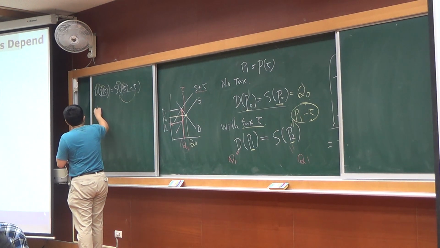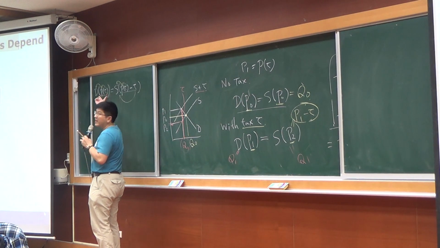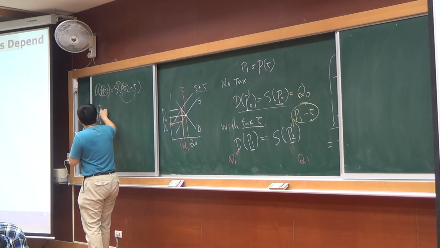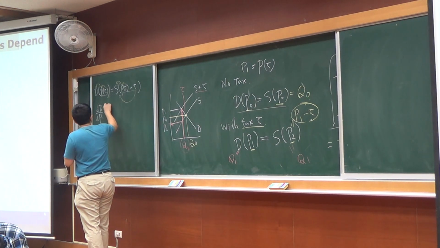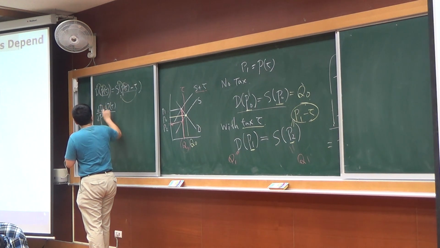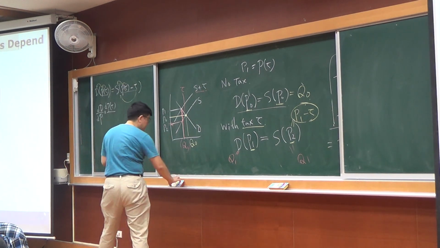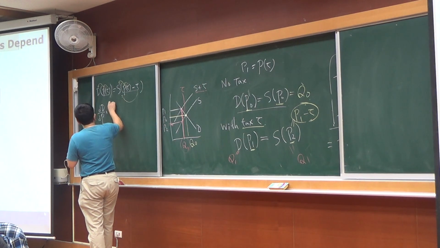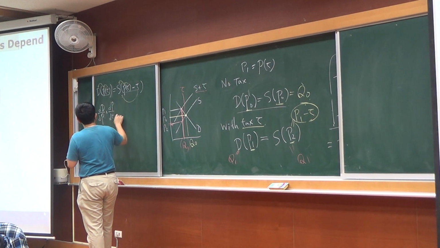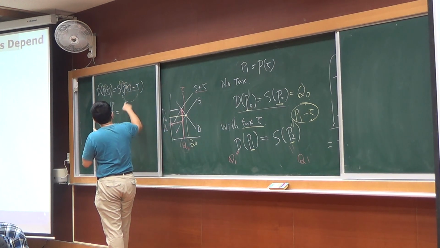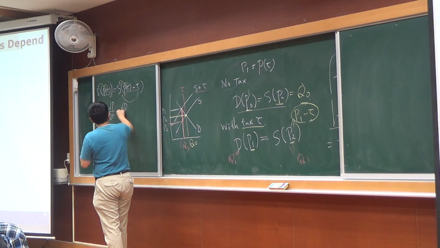Because there is only one argument, one variable in the function, it's a chain rule. So D prime of P of tau, dP d tau, equals the supply.